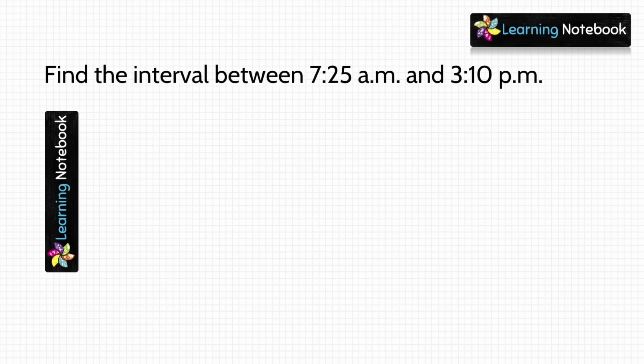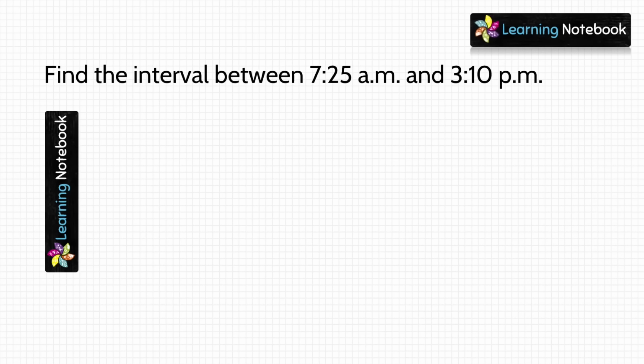Let's move to the next question. Find the interval between 7:25 a.m. and 3:10 p.m. Students, interval means how many hours and minutes are there in between these two given times.